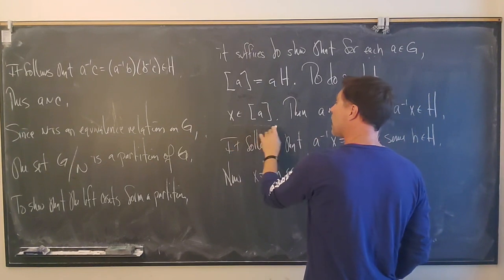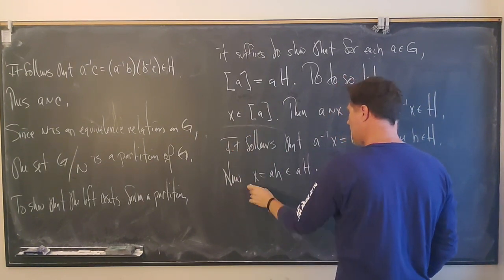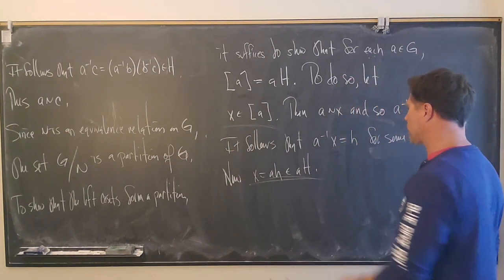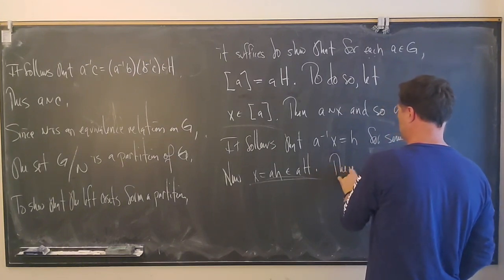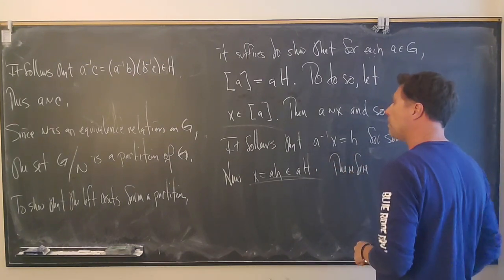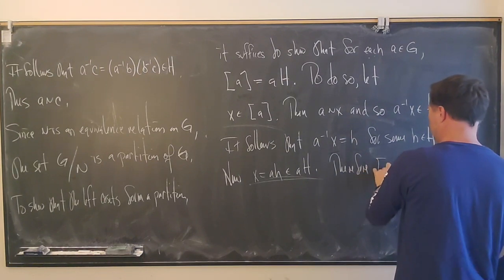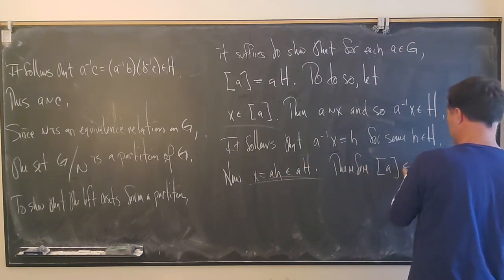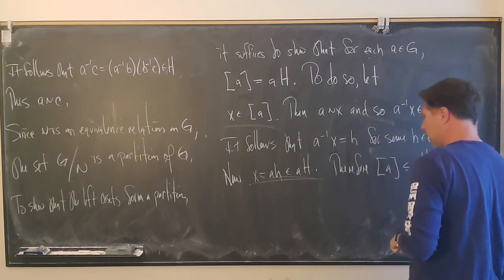We started off in bracket A. We ended up in A times H. So therefore, bracket A is contained in A times H.